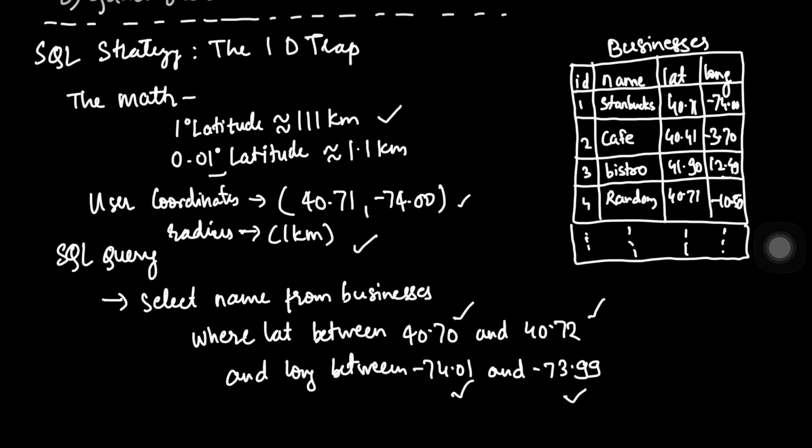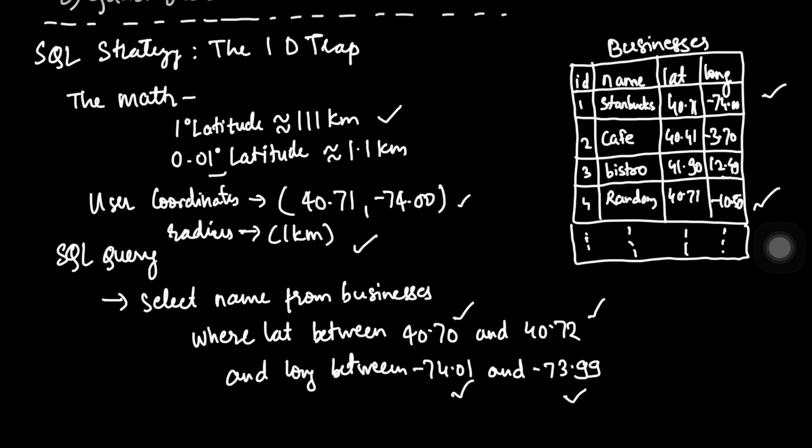So when we fire this particular query, we see that the Starbucks row gets filtered out. But with the Starbucks row, we also get this random named restaurant row filtered in. But if you see, it is not in the longitude range.